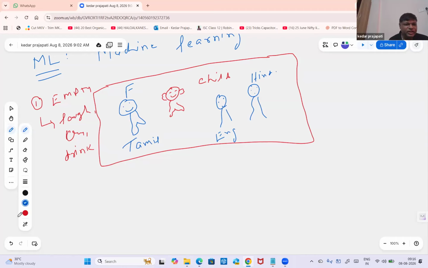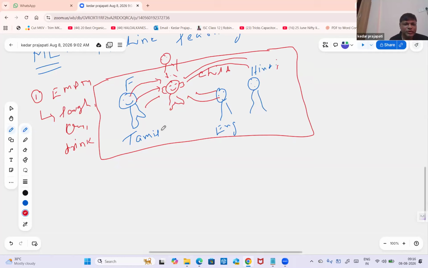So what happens is this child keeps on getting information from father. Means he's listening to Tamil, he's listening to English, he's listening to Hindi as well. And if someone is speaking French or something, he'll get information from everywhere. So this child is bombarded with data now. This information is nothing but data for him. So he starts learning. Now he is listening first.